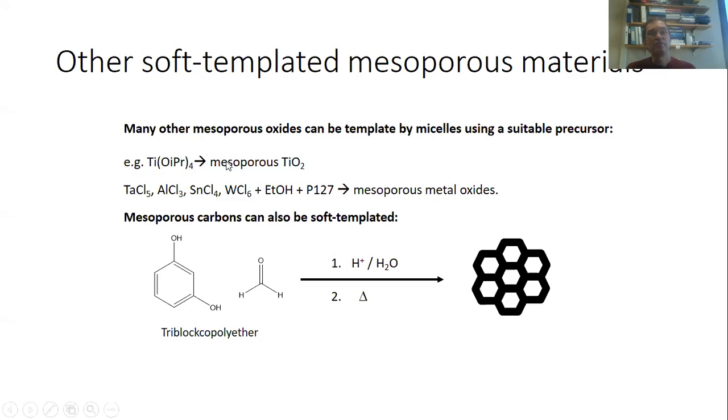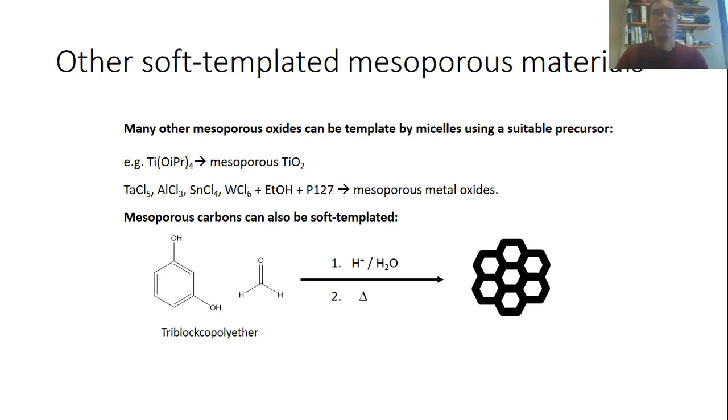Okay, so for example, if you want to make mesoporous titanium dioxide, then this is possible. But in this case, we would use titanium isopropoxide as the precursor. Okay, not ethoxide, but isopropoxide. So why do we do this? This is because the titanium ethoxide would hydrolyze just too quickly.